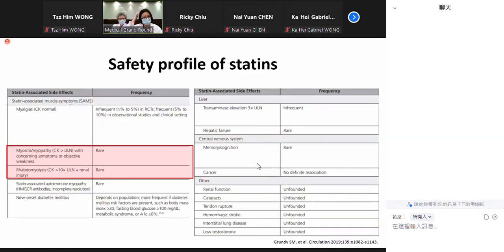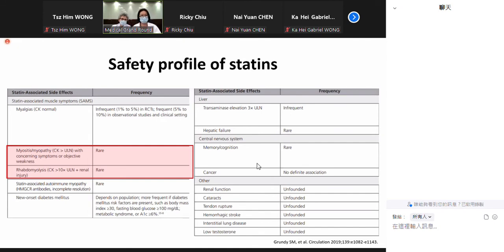So we talked about all the benefits of statins, but obviously, statins are not without side effects. And this is, apart from therapeutic inertia, one of the reasons why patients might be reluctant to take statins, or sometimes clinicians might be stopping these statins because of worries about certain side effects, and particularly the statin-associated muscle symptoms.